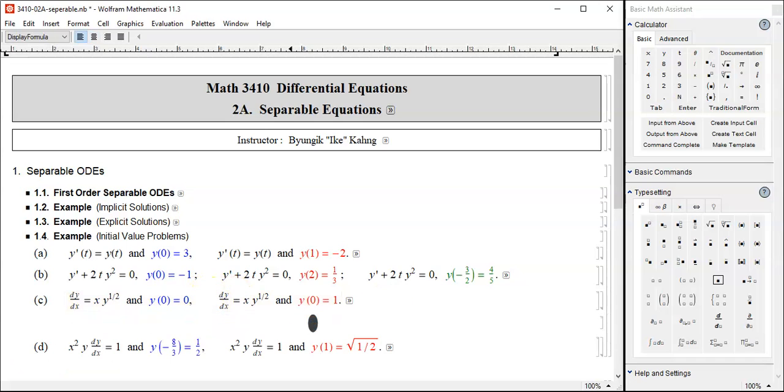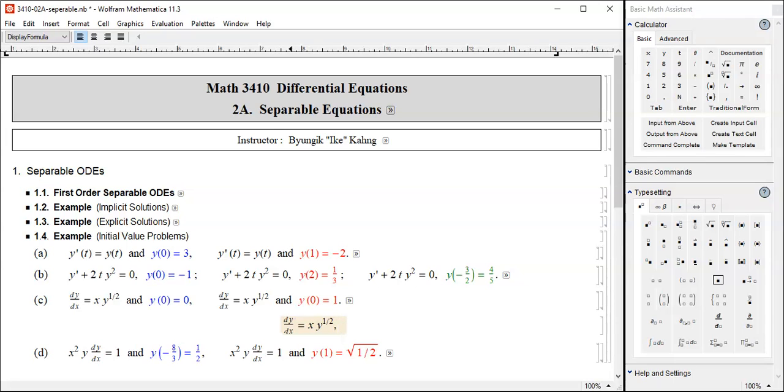Solving the equation, that's the easy part. dy/dx is equal to x times y to the 1/2 power, and thus all the y's on the left hand side, all the x's to the right hand side: y to the negative 1/2 power dy is equal to x dx.